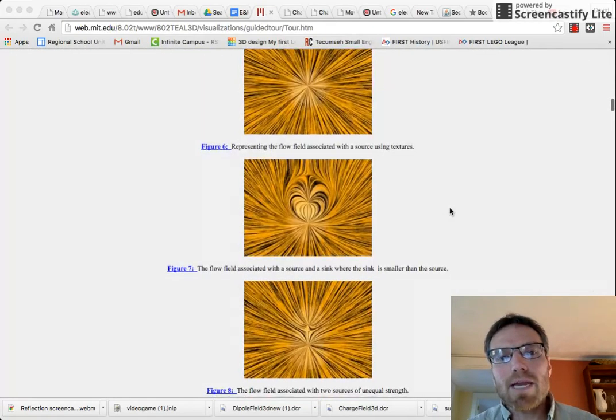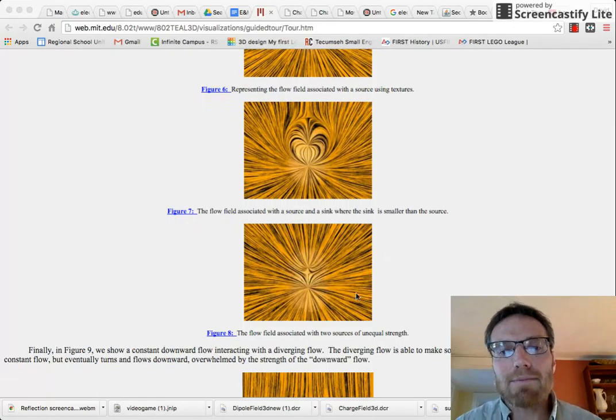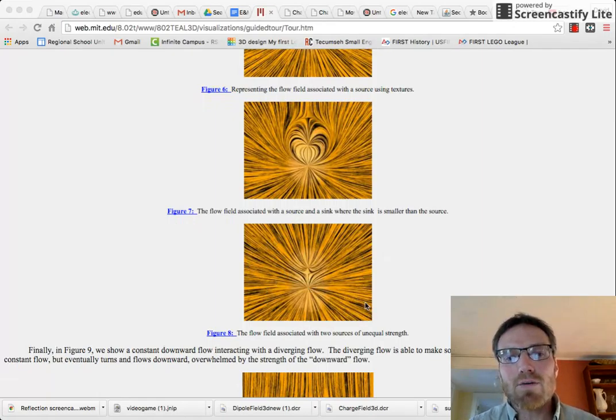But the way that the TEAL program works is it makes these diagrams that show electric fields that totally fill the space.